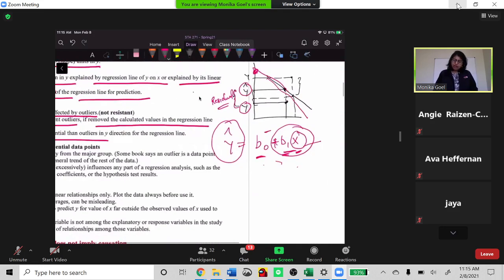And if the outlier is in the same direction as the pattern, let's say you have this, and then you see there is an outlier here, then you know that if you're trying to predict a line, it will be in this direction because I see the outlier is here. Not necessarily that it passes through, but I know it will be somewhere near. So outliers in the same direction strengthen your correlation.